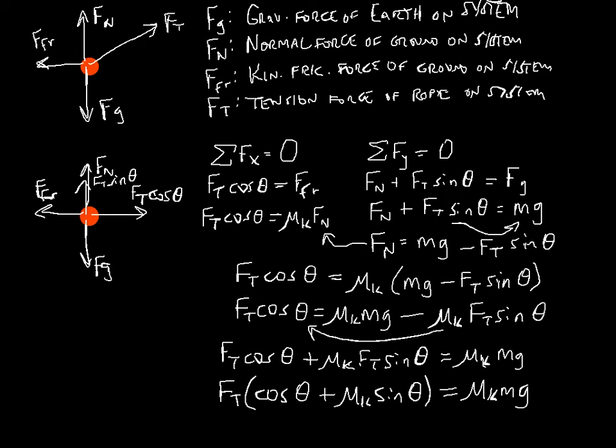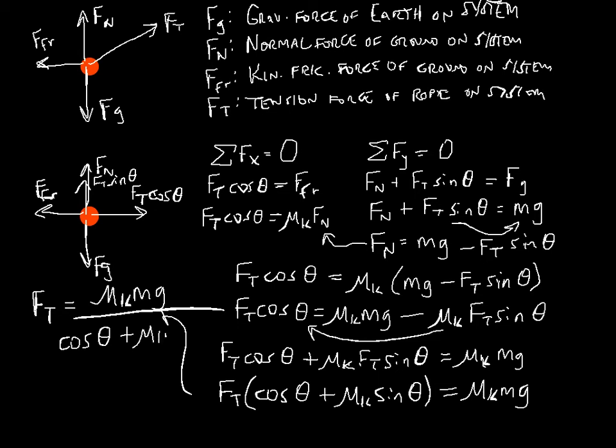So the final answer is Ft is equal to mu k mg divided by cosine of theta plus mu k times the sine of theta.